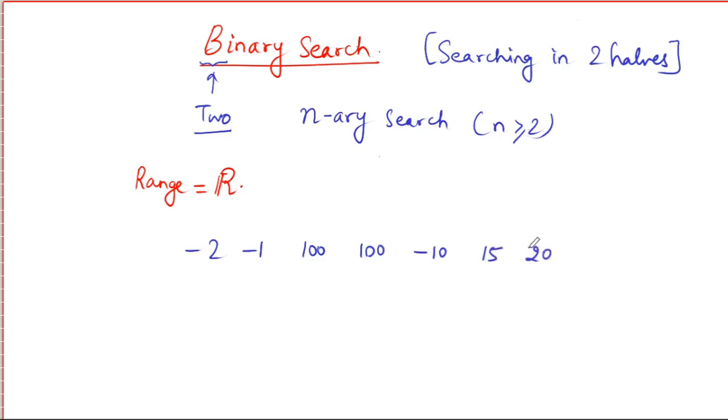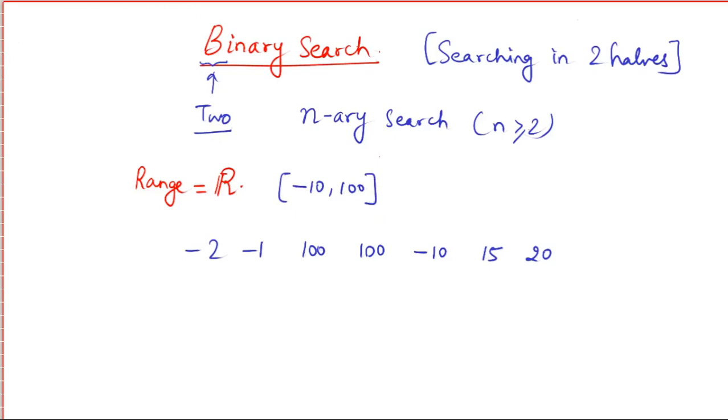Let's say this is the new example where the set of values are minus 2, minus 1, 100, 100, minus 10, 15, 20. So the set of numbers are from the range minus 10 to 100. In between this range only the numbers are present.